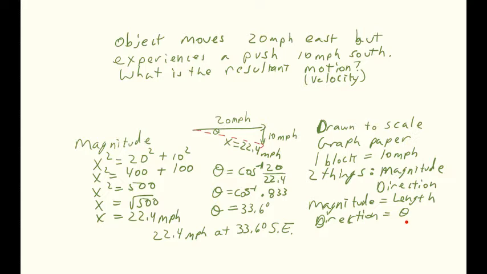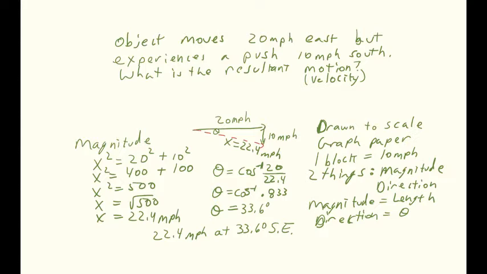Direction, what is our angle? If you look back at our picture, the red dashed line is our resultant. You always add vectors from beginning to end, start point to the end point. So we're looking for the length of this line and its angle. Vectors always have a direction.